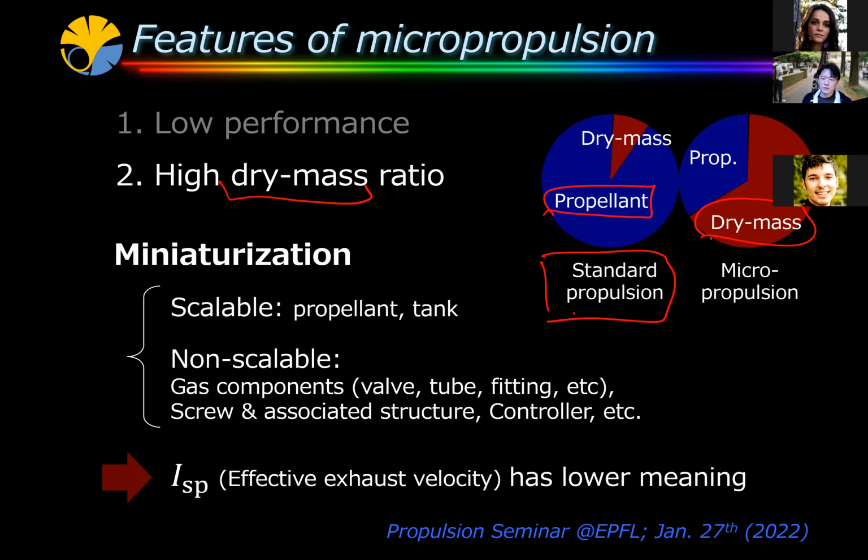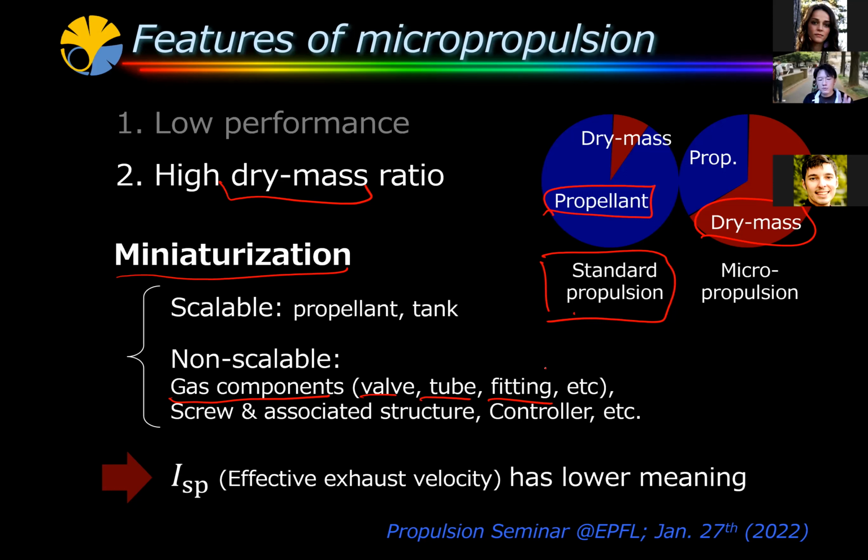This is because, due to miniaturization, some components are scalable, like the propellant or tank itself. However, there are a lot of non-scalable components. For example, gas components: valves, tubes, fittings, sensors, those kinds of things.